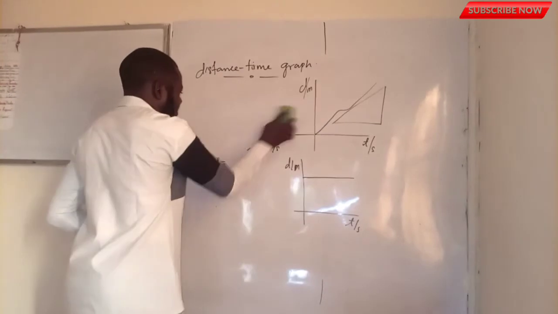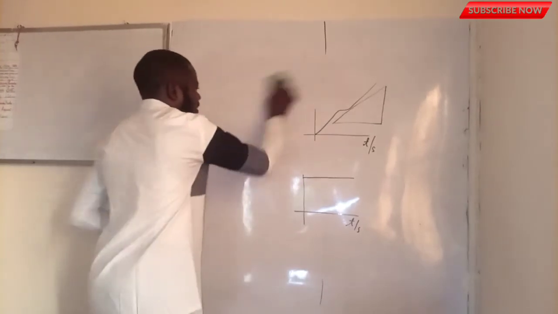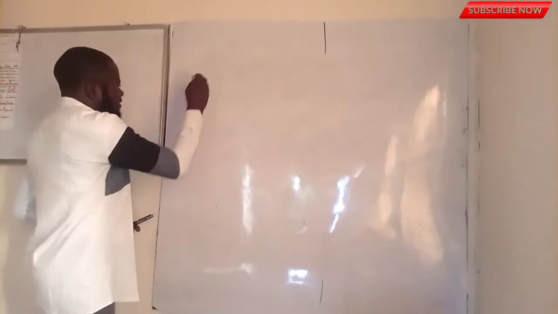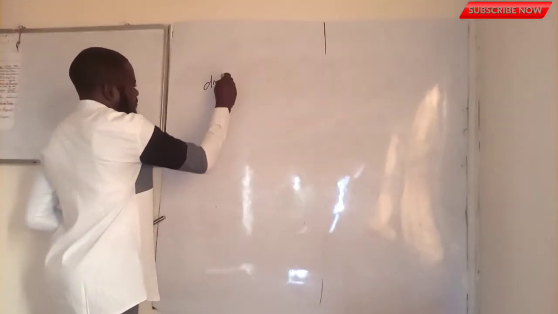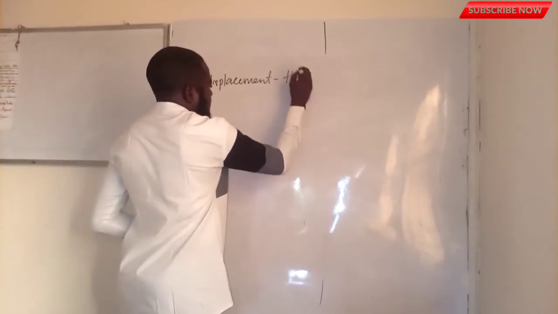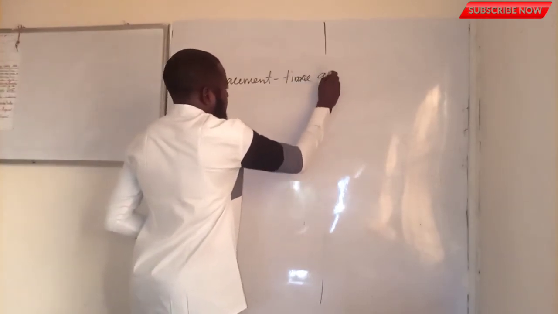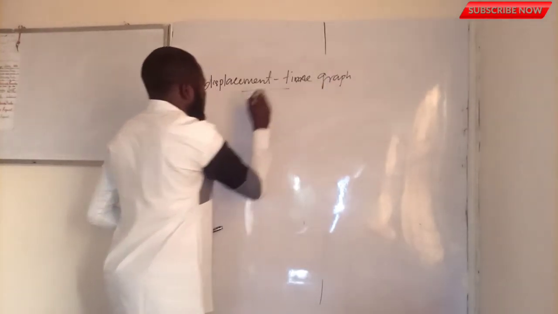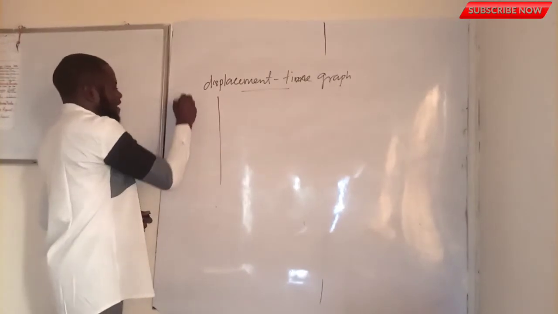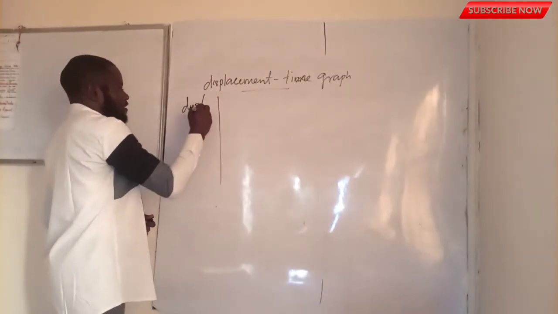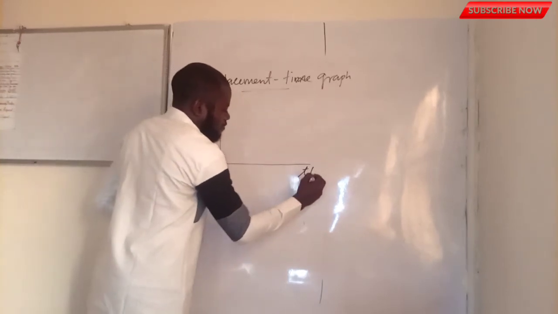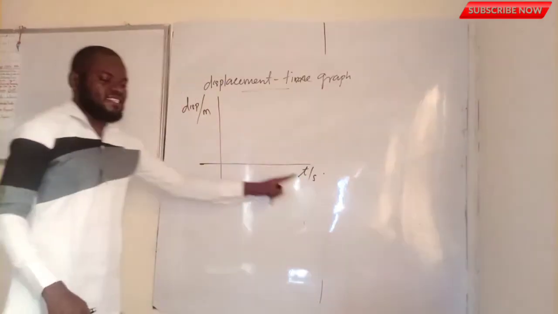Okay. The next thing here is the displacement time graph. For the displacement time graph, we plot the graph of displacement of a body in meter against what?